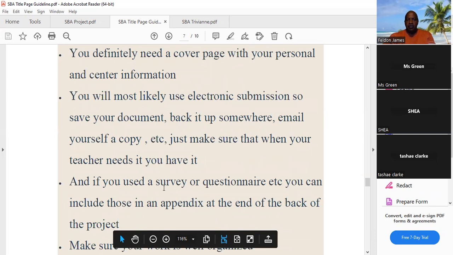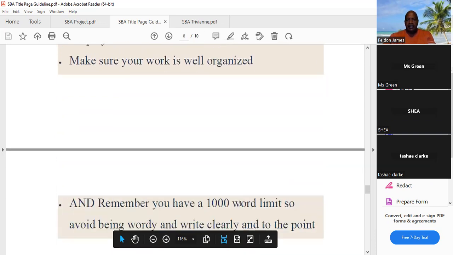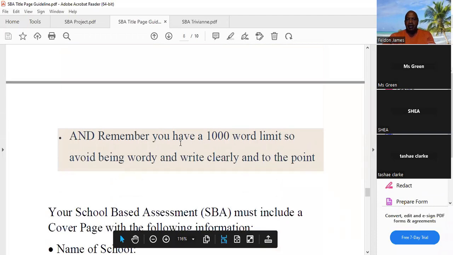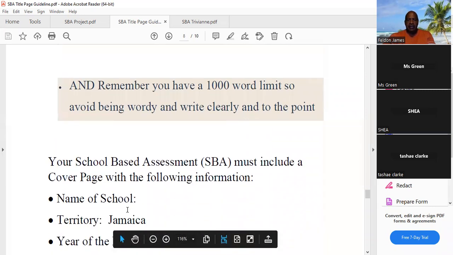And if you use a survey or questionnaire, etc., you can include those in the appendix at the back of the project. Make sure your work is well organized. And remember, you have a 1,000-word limit, so avoid being wordy and write clearly and to the point.